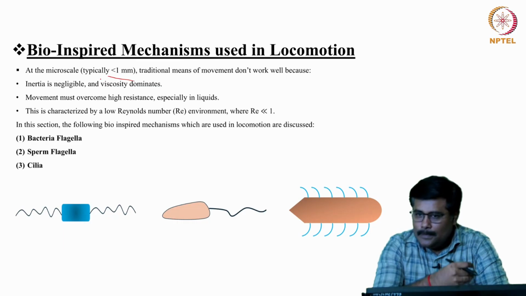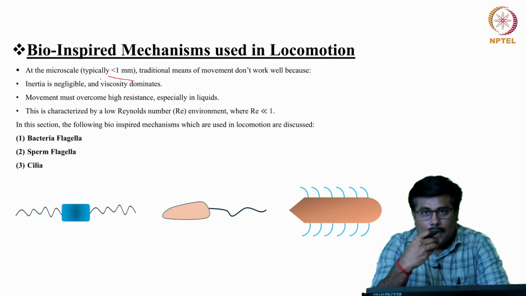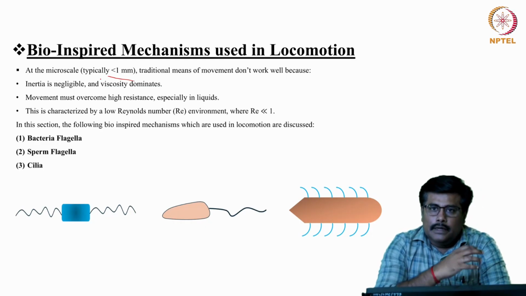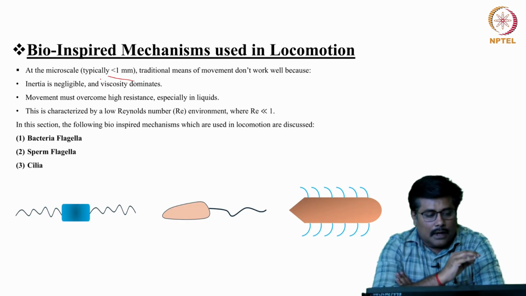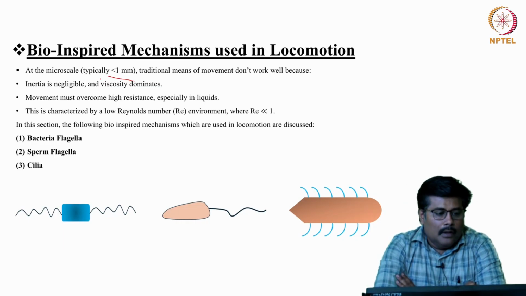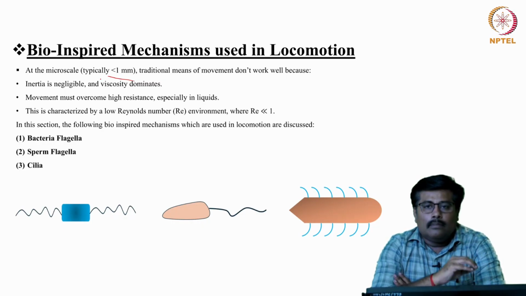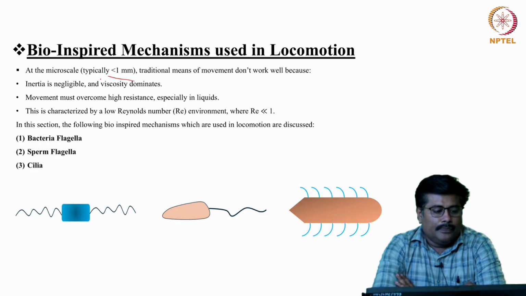In certain cases it might be through magnetic fields, in certain cases through pressure, in certain cases through effective fluid flow. The inertia generated is negligible, and viscosity dominates. So when we closely observe the movement, it must overcome a high resistance, especially in liquids.